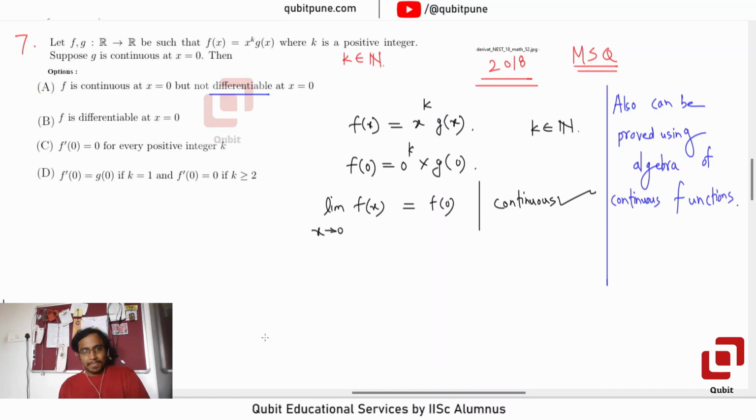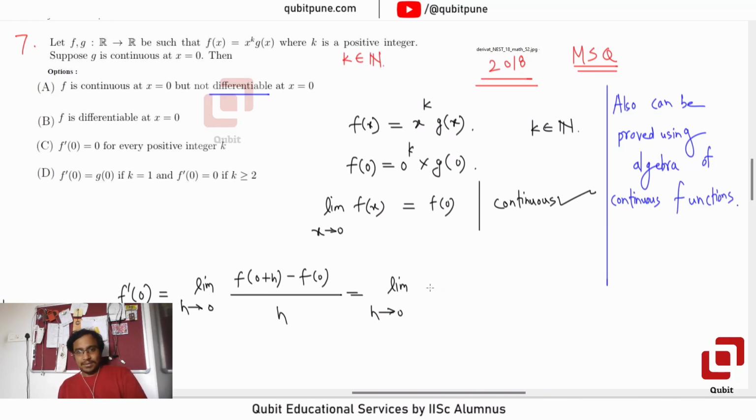So let's find out. How to find it out? Let's use the first principle. Limit as h tends to 0, f of 0 plus h minus f of 0 upon h. f of h is what we need, so at h it would be h raised to k into g of h, minus f of 0. f of 0 is 0.